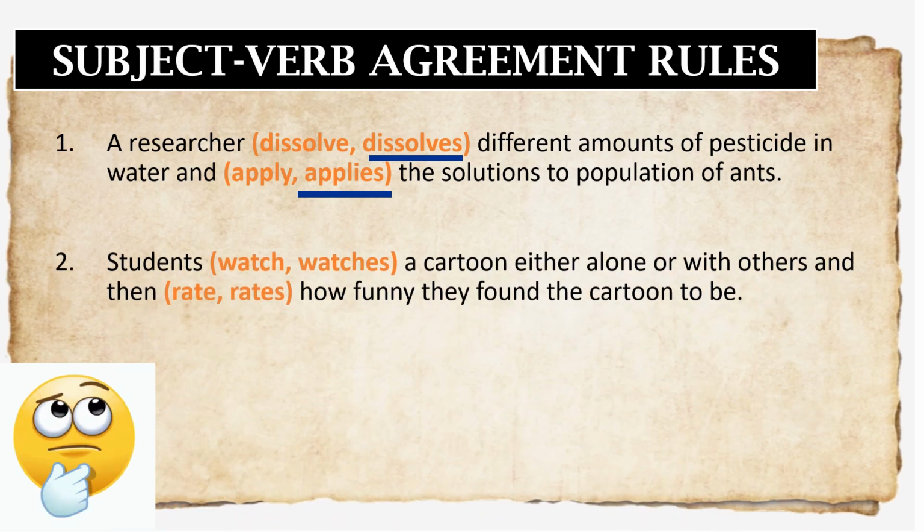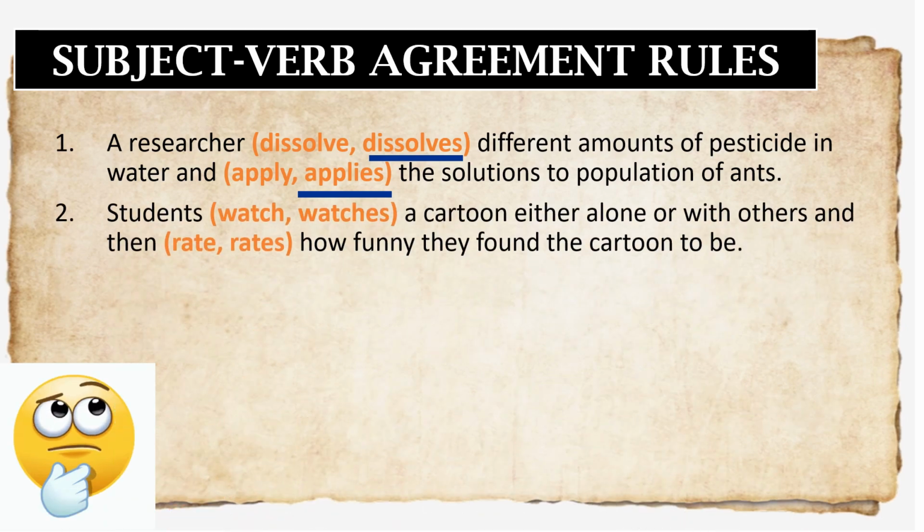Second exercise: Students watches a cartoon either alone or with others and then rates how funny they found the cartoon to be. What do you think is the subject in this sentence? It is the students.